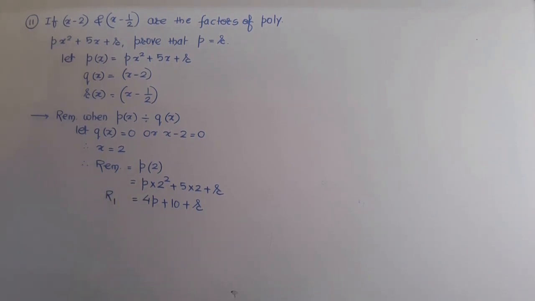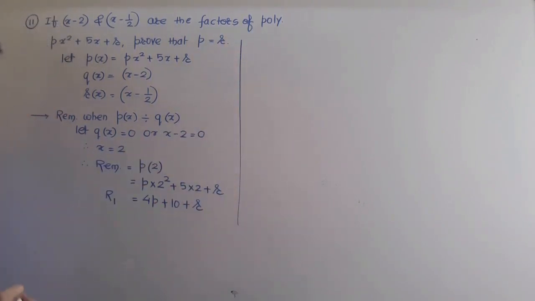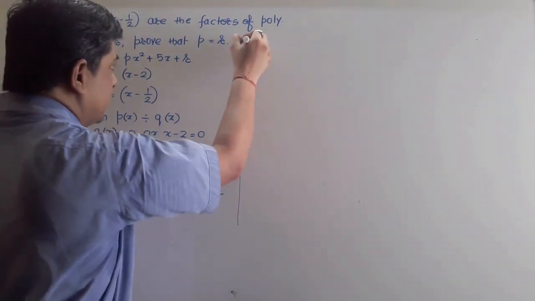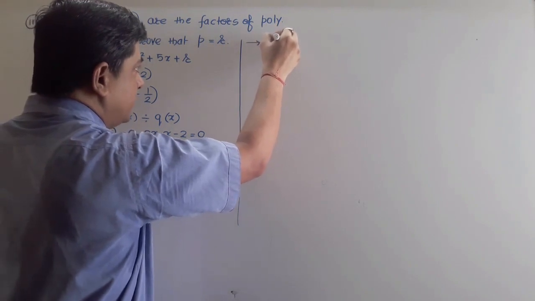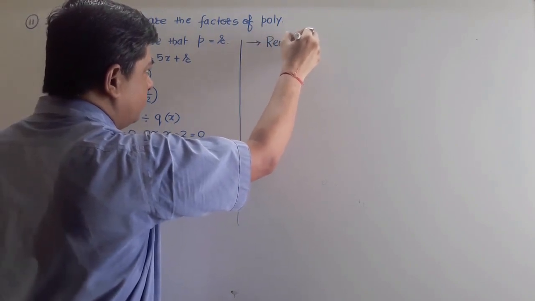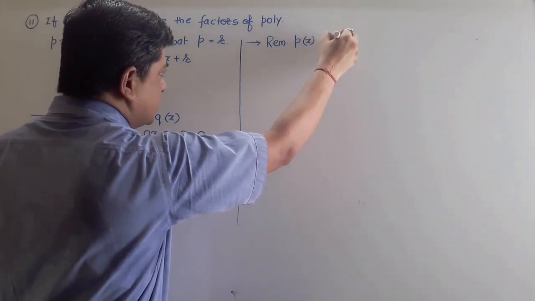Okay, now let us find out the remainder when the second divisor is dividing p of x. So let us see the second divisor. Here again I am putting one arrow to show you what remainder I am finding here. So remainder when p(x) is divided by r(x), right?